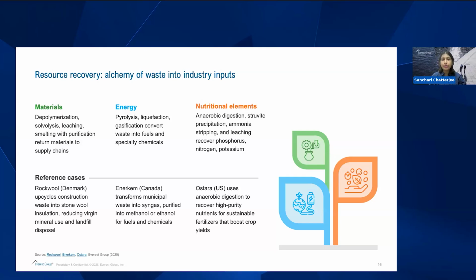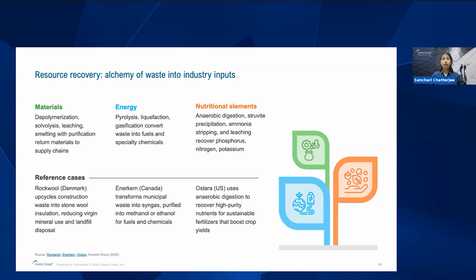And under nutritional elements, we have an example of Ostara, which uses anaerobic digestion and struvite precipitation to recover phosphorus, nitrogen, and potassium. So what are they doing? They're ideally turning the waste into high purity fertilizers, which can boost crop yields. So the business upside here is very clear: lower landfill cost, new revenue streams from waste, and alignment with policy incentives for renewable inputs.